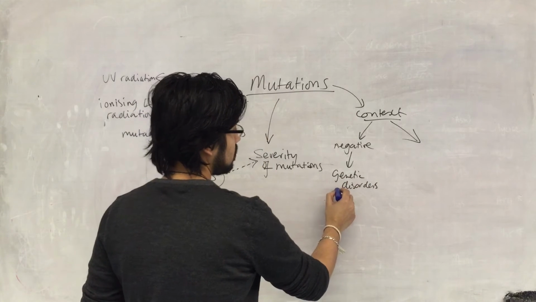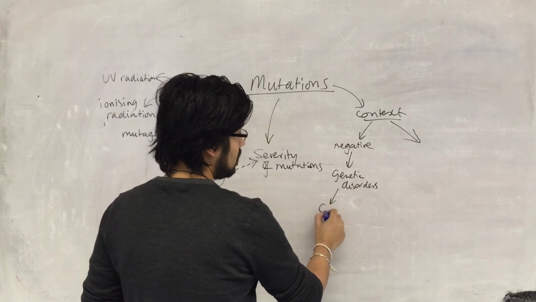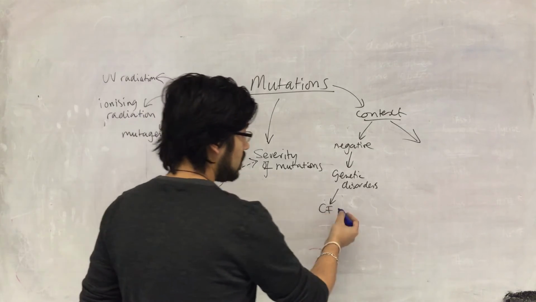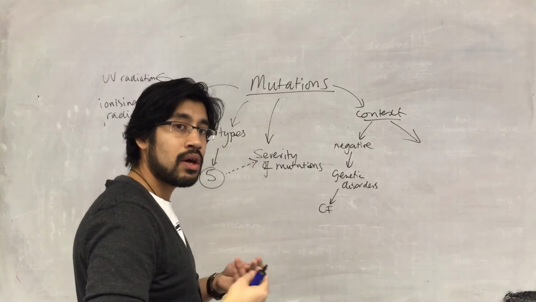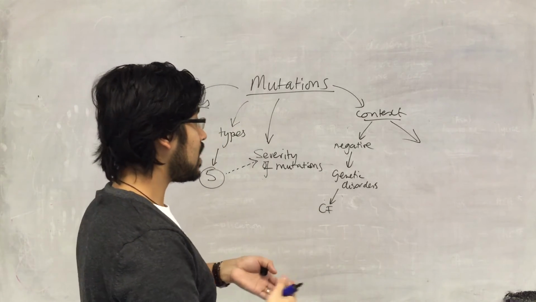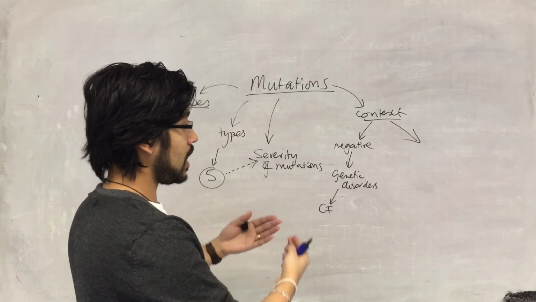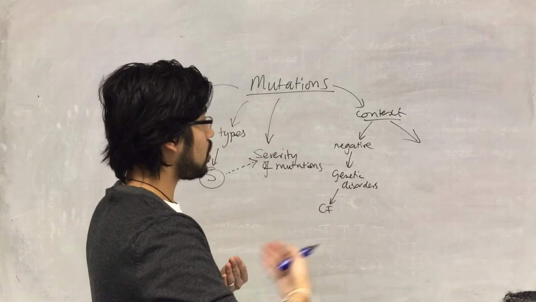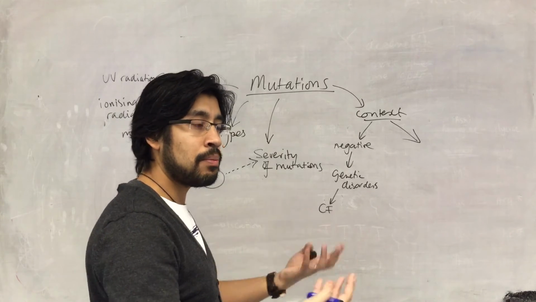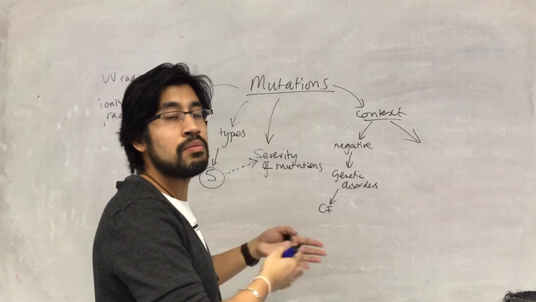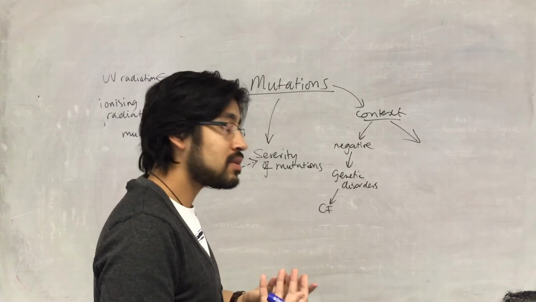So genetic disorders. So in cystic fibrosis, we have the CFTR ion channel whose function is affected negatively by a mutation, and that causes ions not to move across epithelial cells properly, and that causes the normal mucus to become much more viscous.